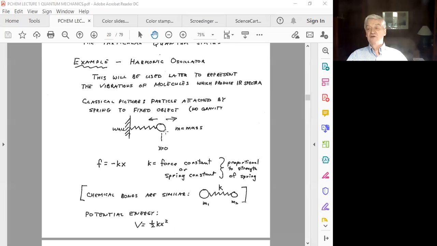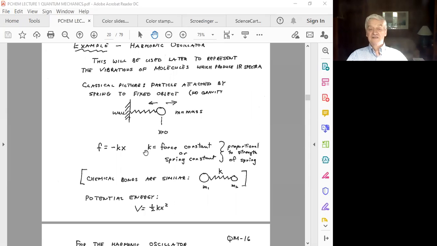Our poor little electron weighs 10 to the minus 40th tons or something like that. So the brick wall is not going to move while this vibrates. And we can say the force is minus kx. If we go to minus x, it's a positive force trying to make it go out. If we go to plus x, it's a minus force trying to pull the spring back.